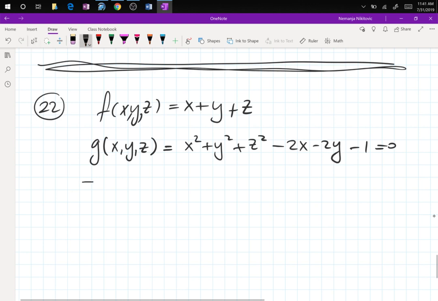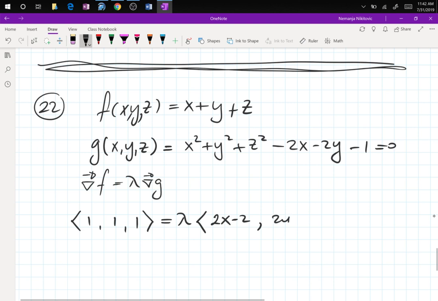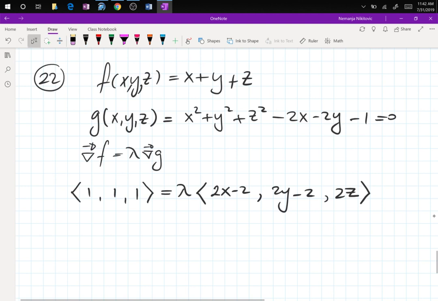So we immediately come up with del f equal lambda del g. So 1, 1, 1 for f, and then lambda times 2x minus 2, 2y minus 2, and 2z. So these are my gradients, which are partial derivatives of these functions.